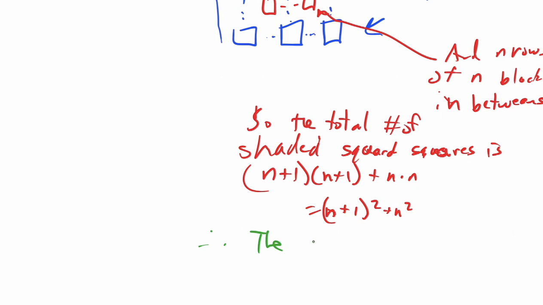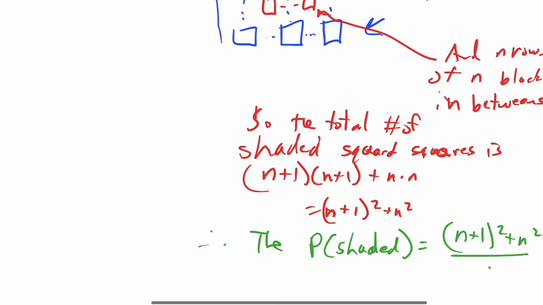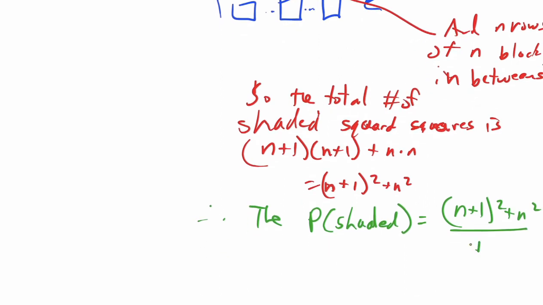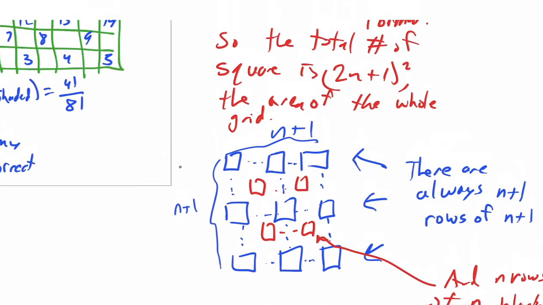Therefore, the probability of getting a shaded square equals n plus 1 squared plus n squared over 2n plus 1 squared. Okay, so there you go. That's a full justification.